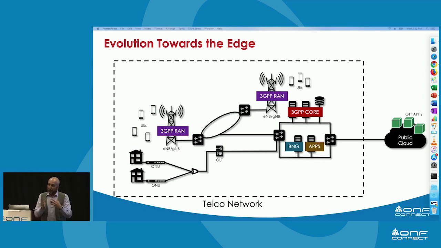The aggregate traffic from them would get to the optical line terminations, the OLTs. And then again, in the centralized locations, you would have the core network equivalent for broadband, the BNG. Even though this is a router, it does a lot of the things that the 3GPP core network also does in terms of subscriber management, authentication, et cetera.